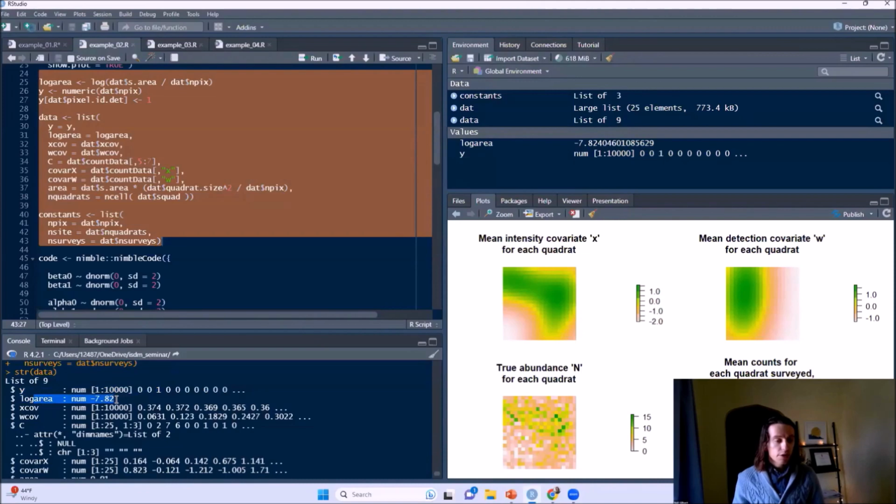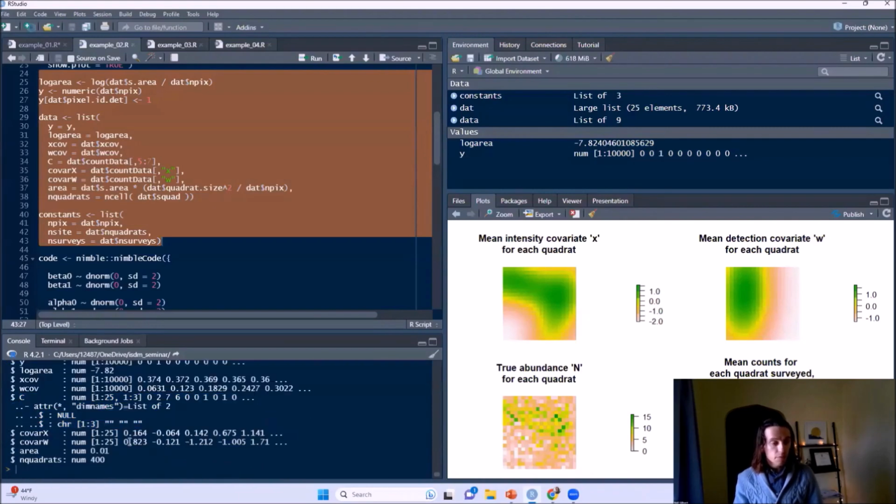Log area is the log of the area of those fine resolution cells. And then we have those two covariates for that finer resolution grid. So our covariate for abundance and our covariate for detection or sampling bias. Then we've got the replicated counts. So we've got 25 sites that are surveyed, 3 repeat visits.